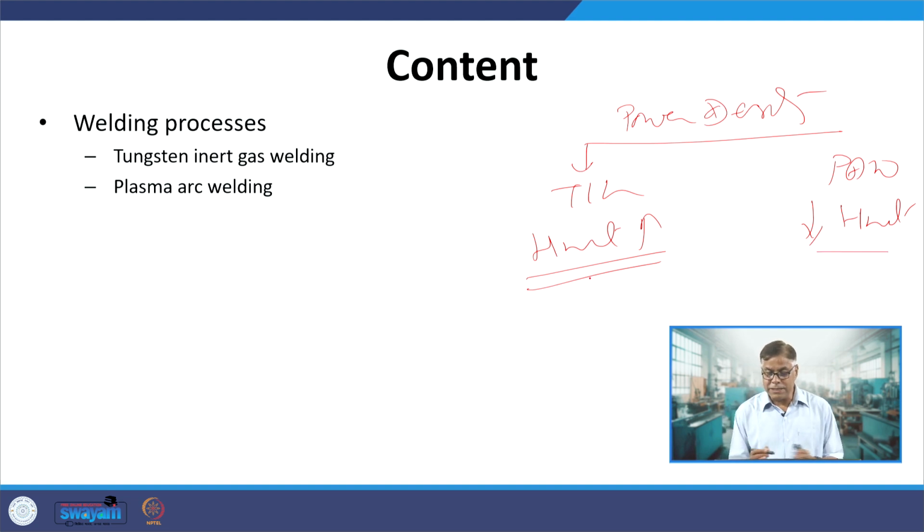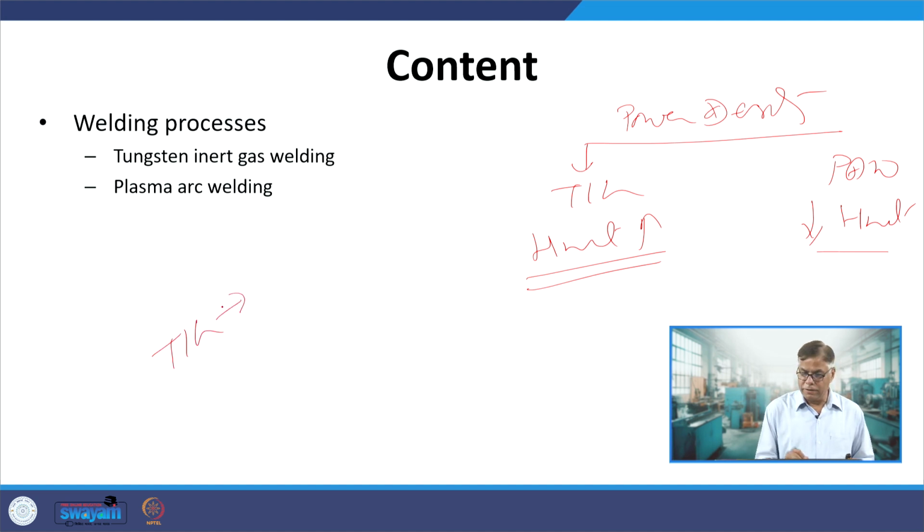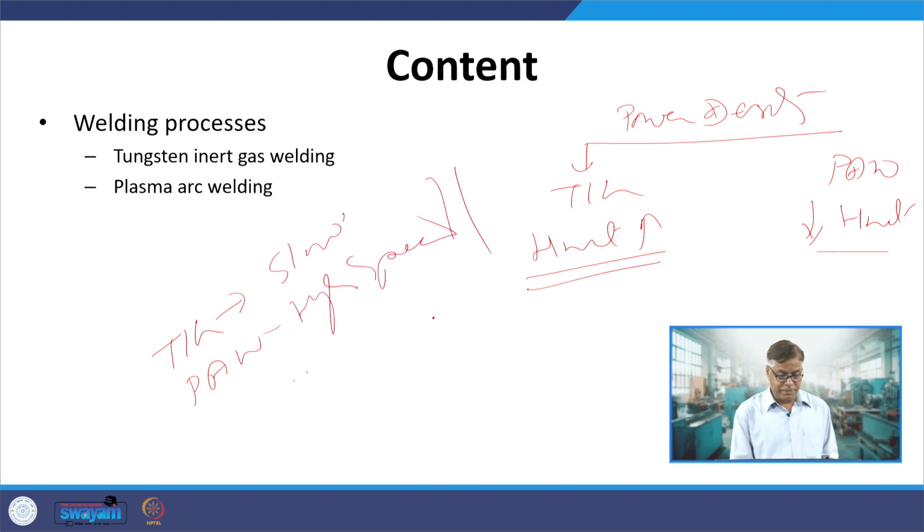These differences lead to a significant difference in the performance and capabilities of the two processes. The TIG is a relatively low heat input process as compared to the other arc welding processes, though not as compared to plasma welding. So, the TIG is basically a slow process, while welding can be done using the plasma at higher speeds. So, this is about the differences.